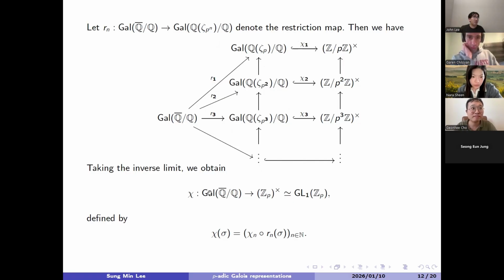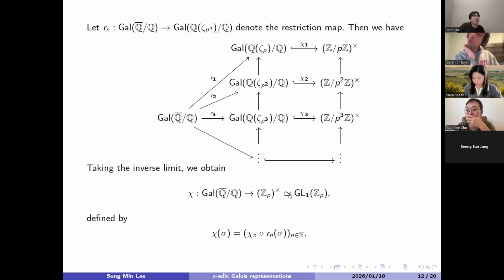What really happens here is, from Gal(Q bar/Q), we make a restriction map to Gal(Q(ζ_{p^∞})/Q), which goes to the inverse limit of Z/p^n Z, which is Z_p cross, the units. And this can be understood as just a 1-by-1 matrix. Any element in a ring can be understood as a 1-by-1 matrix.